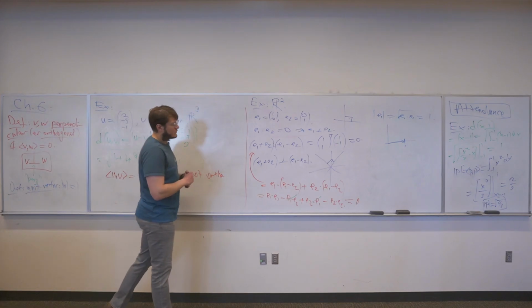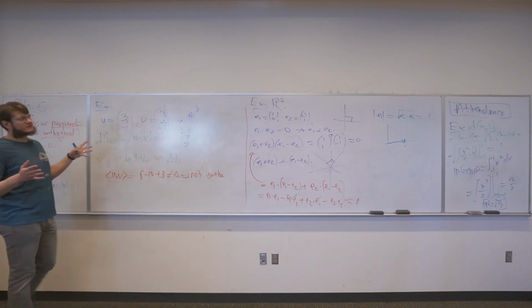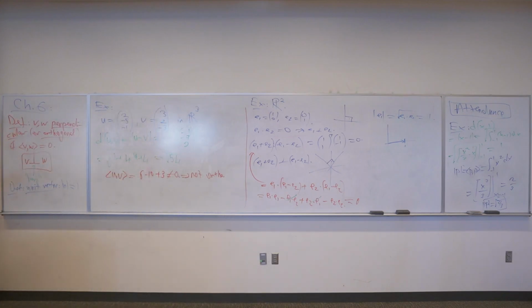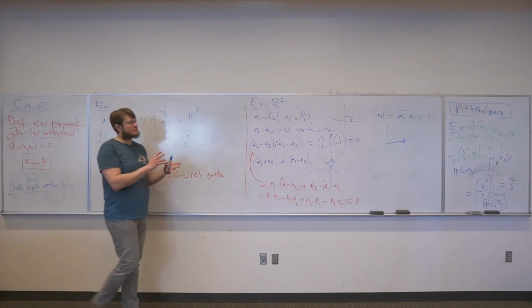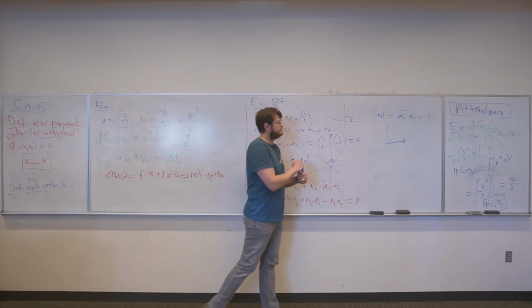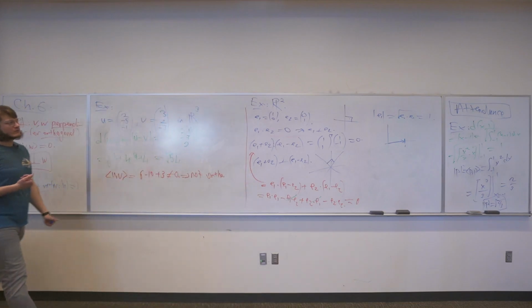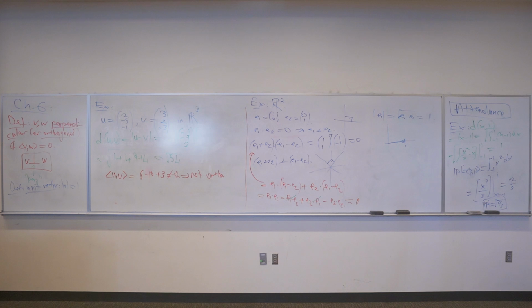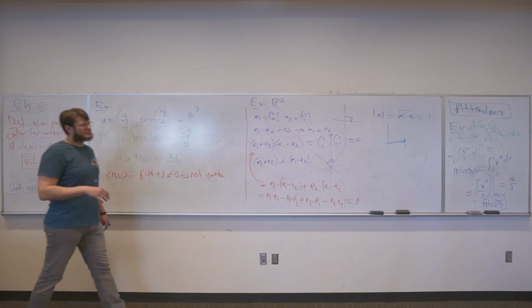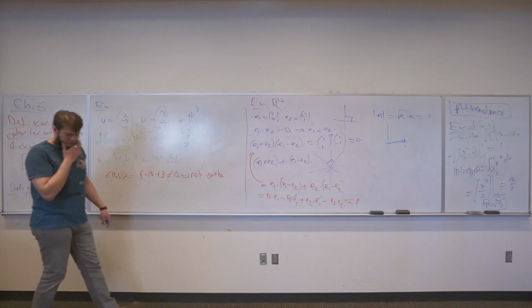And in fact, if you have a vector space and a basis such that any two vectors in that basis are orthogonal to each other, that's an orthogonal basis. And if in addition each of the vectors has norm 1, you call that an orthonormal basis. We'll get there later, but these are also terms that we're going to need to use.